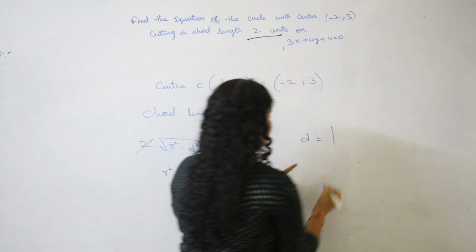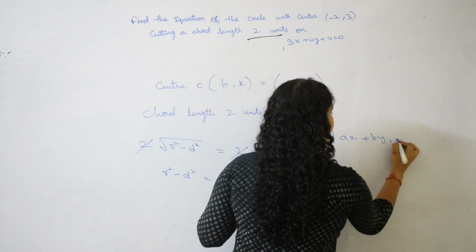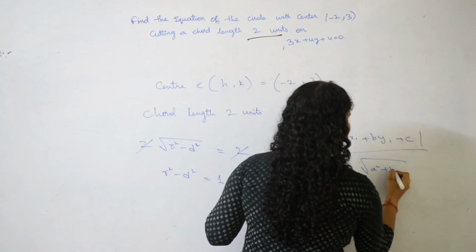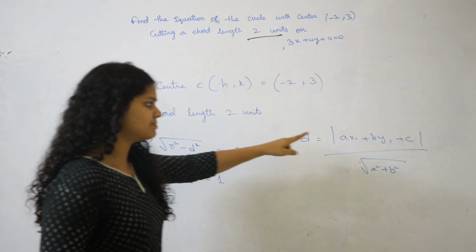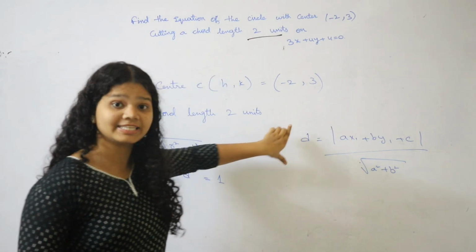There is a formula for d: a x1 plus b y1 plus c, whole divided by root of a square plus b square. This is the formula of d, the distance.